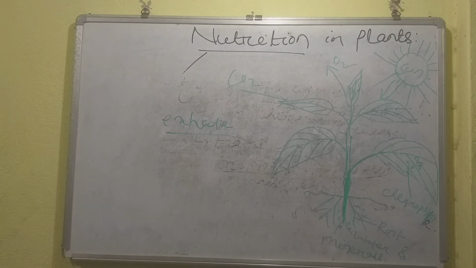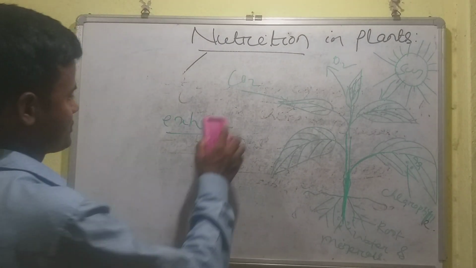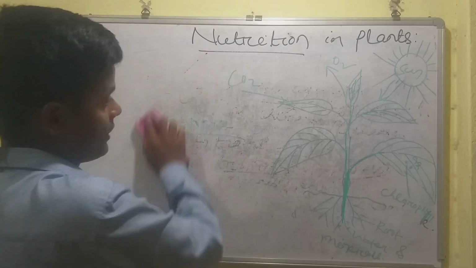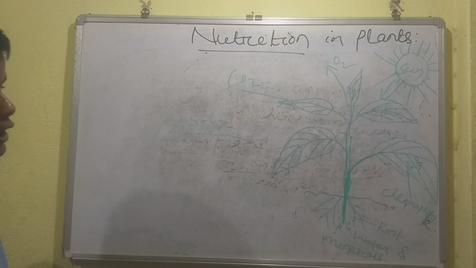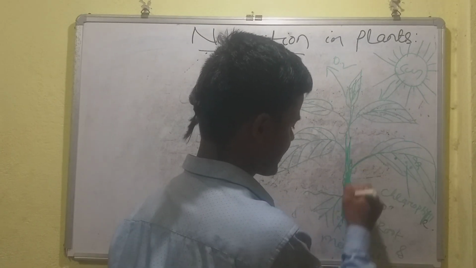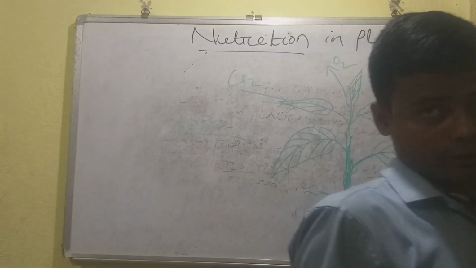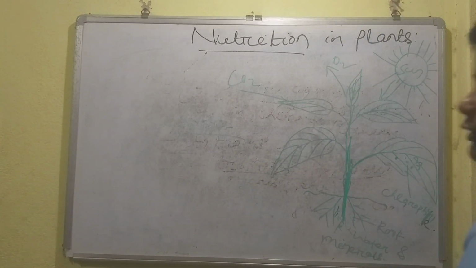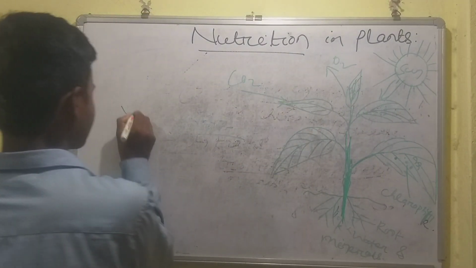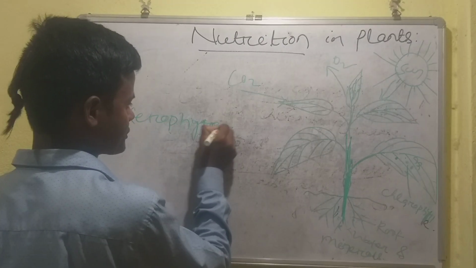So photosynthesis is important. What is the importance of photosynthesis? Photosynthesis takes place not only in the leaves, but also in the stems and in the roots. You must know that there are certain xerophytic plants. Xerophytic means those plants that live in deserts.